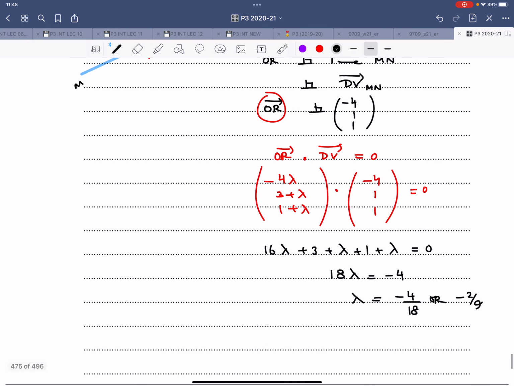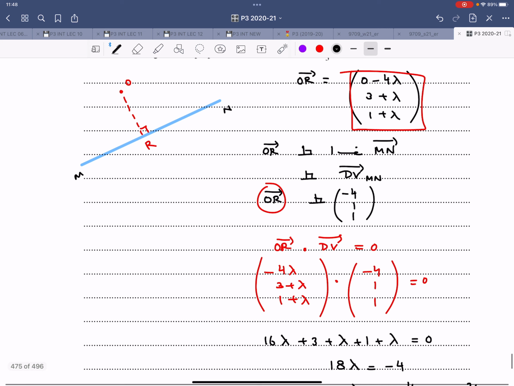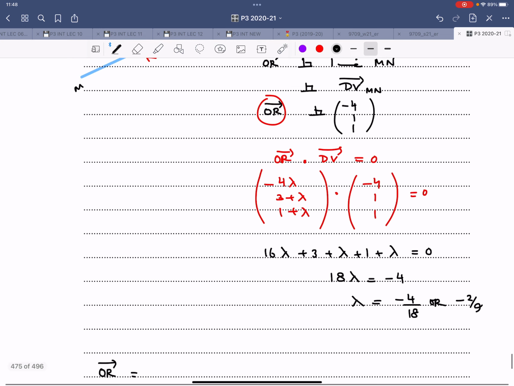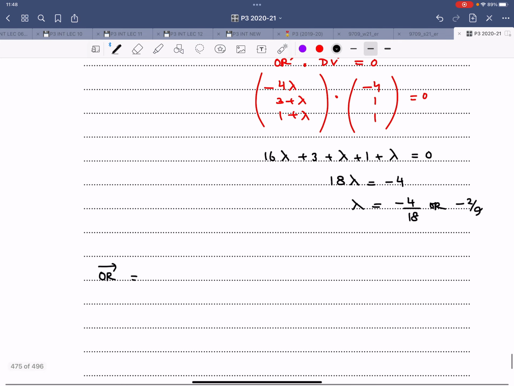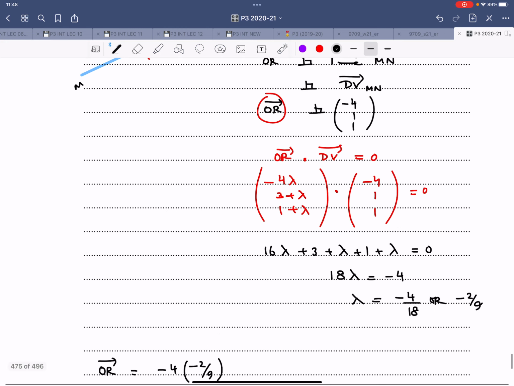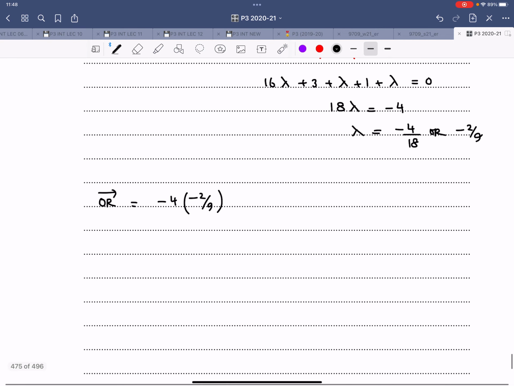So that is lambda. Therefore, last thing, what are they asking for? They are asking for the perpendicular distance. So this time OR is 0 minus 4 lambda. So that's minus 4 into negative 2 over 9. And then it is 3 plus lambda, 3 plus negative 2 over 9.